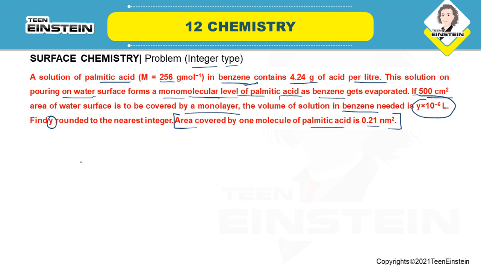Now 0.21 nanometer square, we will convert it to centimeter square. This is equal to 0.21 nanometer to centimeter. If we want to convert, we have to multiply with 10 to the power minus 7, but as it is surface area, there is a square, so it will also be 10 to the power minus 7, it will actually be minus 14.